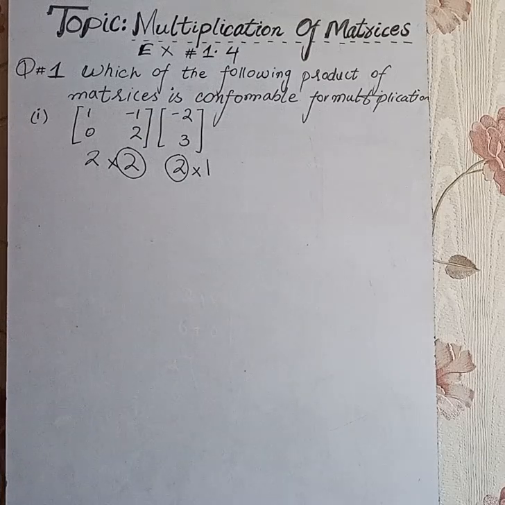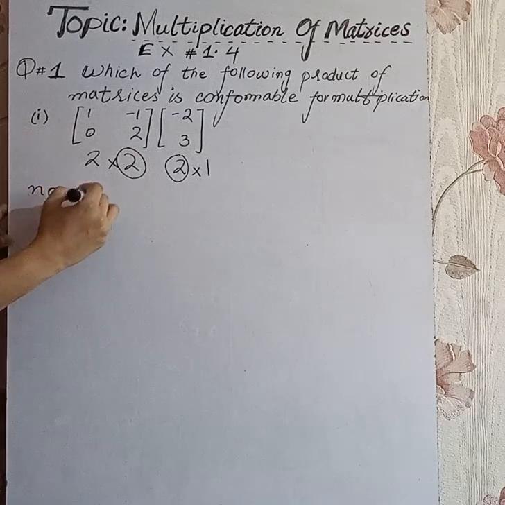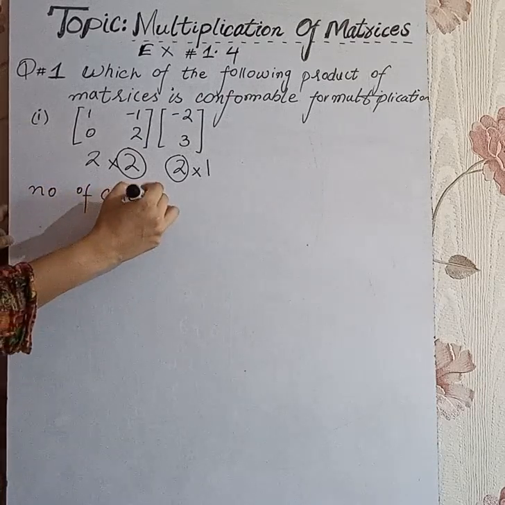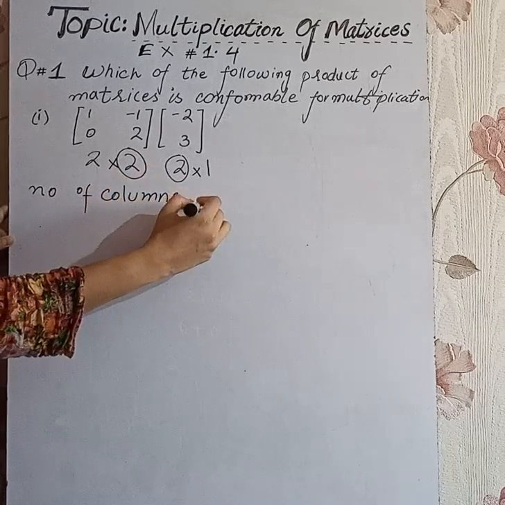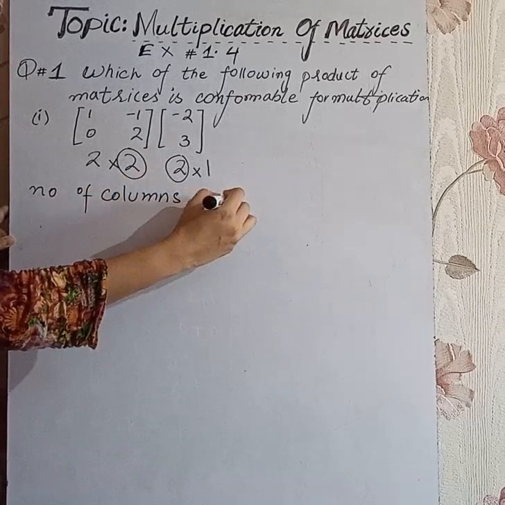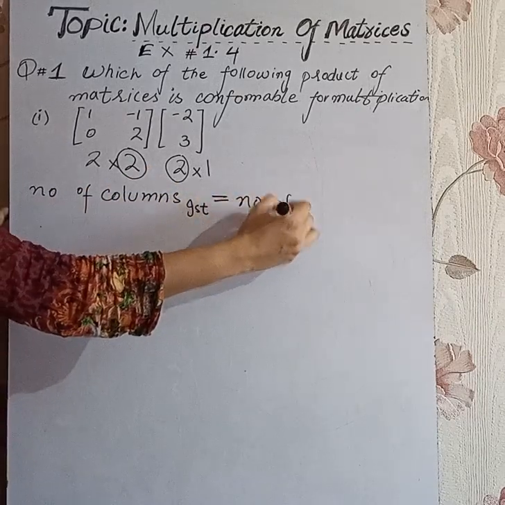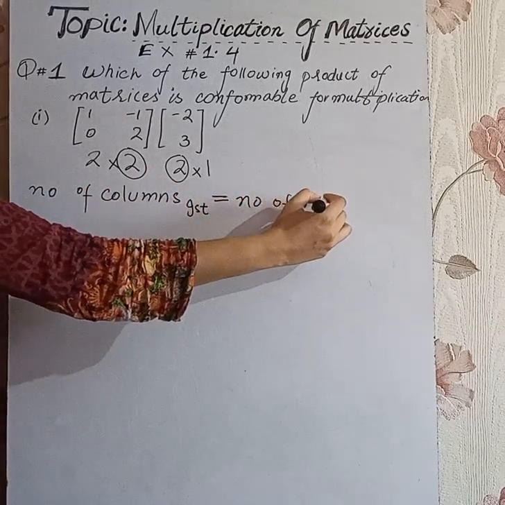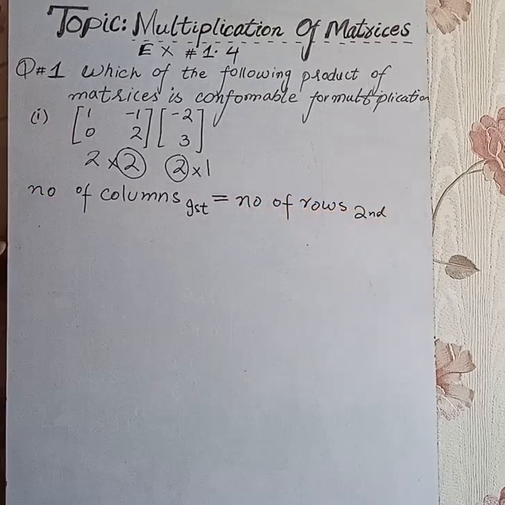Here we have to write that the number of columns of the first matrix should be equal to the number of rows of the second matrix. This is the rule.